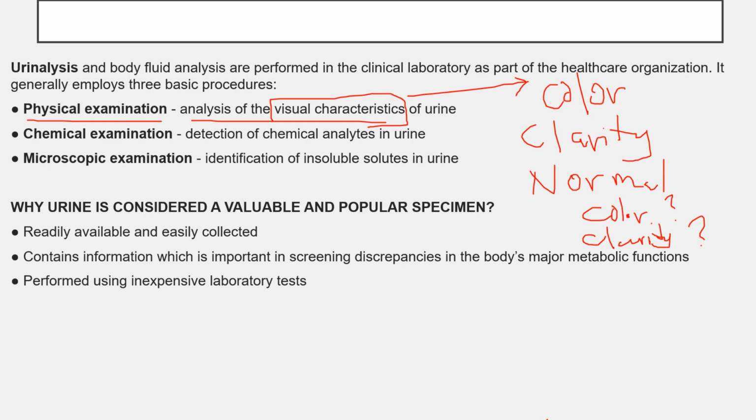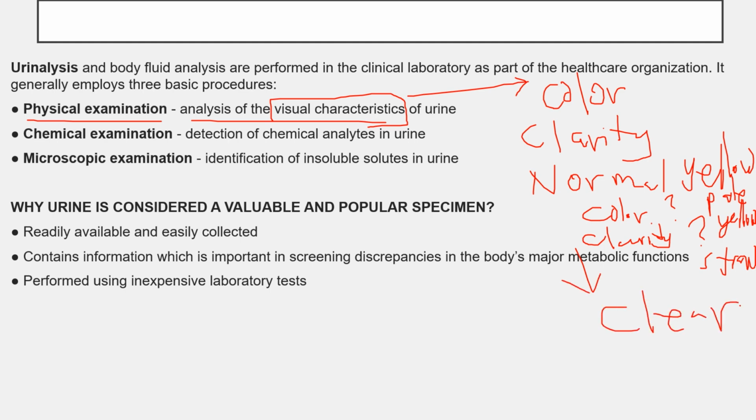So the normal color of your urine would be yellow, or it could also be pale yellow, and in some cases, even straw colored urine could be considered normal. But most of the time, ang normal color ng urine nyo talaga is yellow. And for the clarity, the urine needs to be clear.